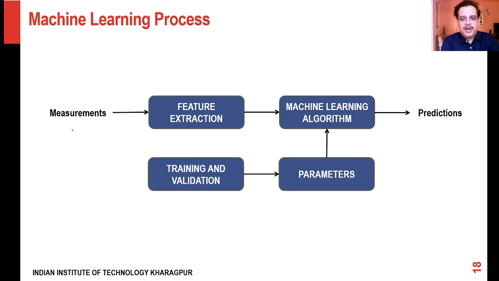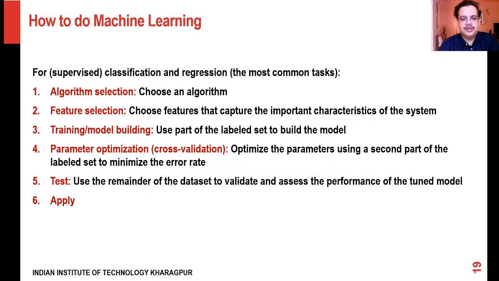Then in parallel we use the training and the validation sets to choose the parameters and then run the training to learn the set of coefficients, or the set of weights, in my learning function. Once I have done that, the machine learning part has been completed, and now I can use the model for doing predictions or classifications or whatever I have actually designed it to do.